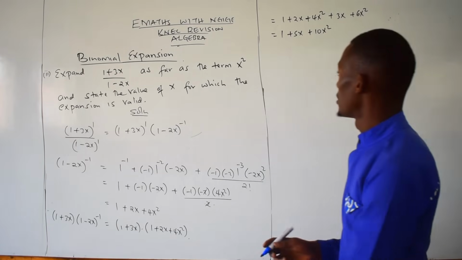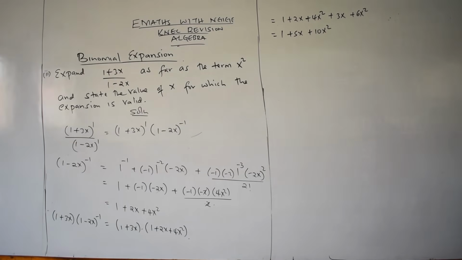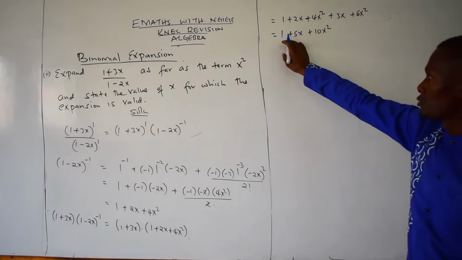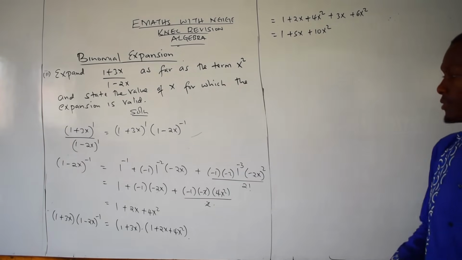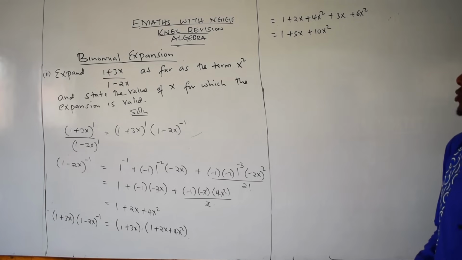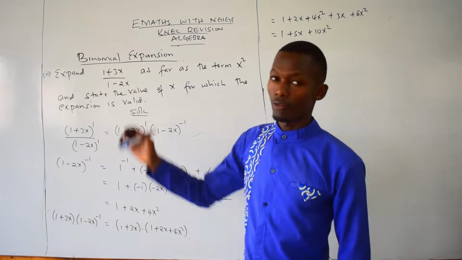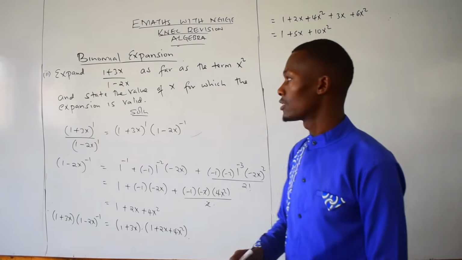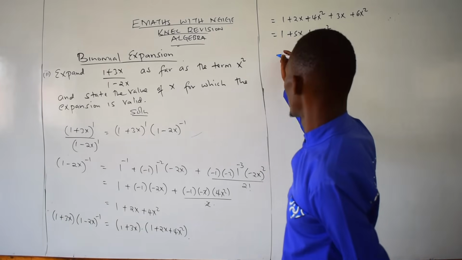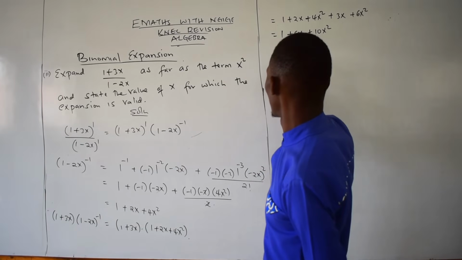So therefore, your function (1 + 3x)/(1 - 2x) expanded up to x to power 2 gives you this function, 1 + 5x + 10x squared. Now we're supposed to state the validity of the value of x. Now you check the validity of the numerator, check the validity of the denominator. So in the numerator we have 1 plus 3x.